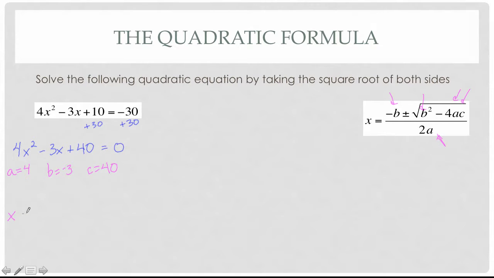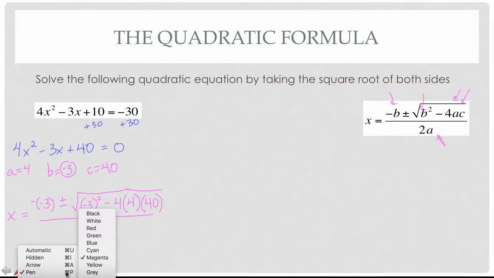If I want to solve this, x equals -b, but b is already negative, so it becomes -(-3), which later you'll see becomes a positive, plus or minus the square root of b squared, (-3) squared, minus 4 times whatever a is, which is 4, times whatever c is, which is 40, all divided by 2 times a. And a was also 4. Okay, I just substituted all the values in the right spots according to our formula.